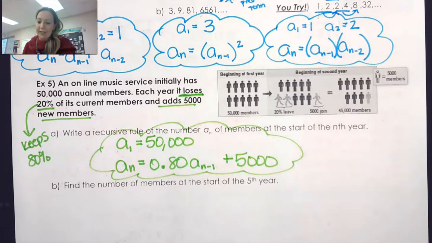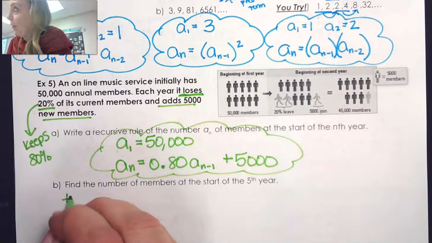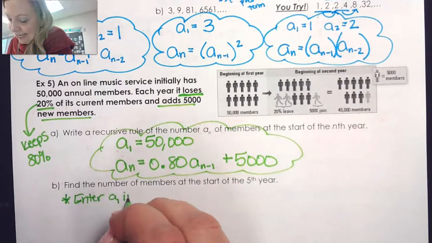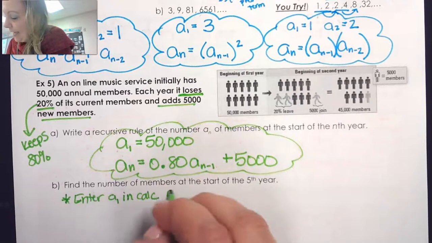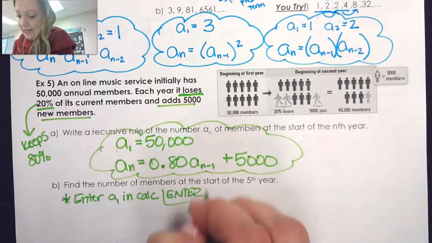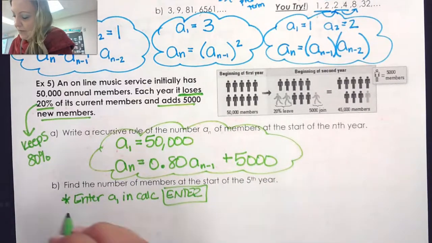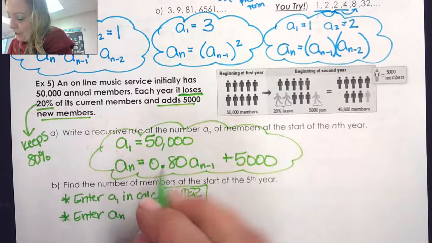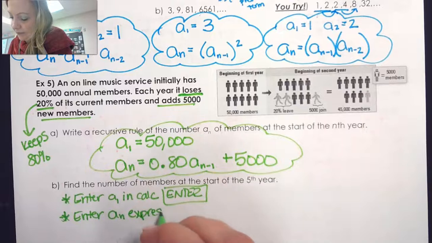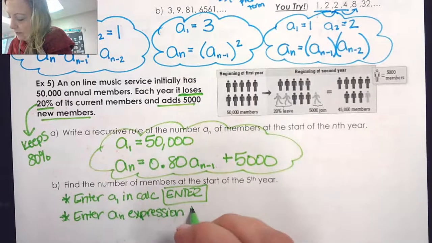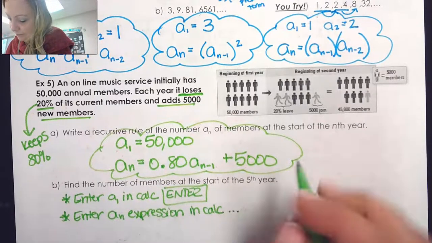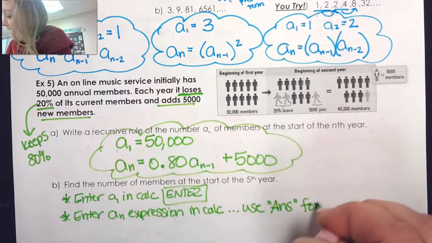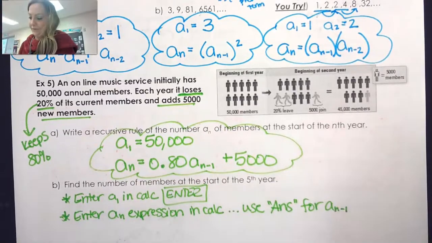Here's where we can use our calculator to help us out. What we're going to do is enter a sub 1 in the calculator and then press enter. Then we're going to enter the a sub n expression, but I want us to use the answer key for the a sub n minus 1.